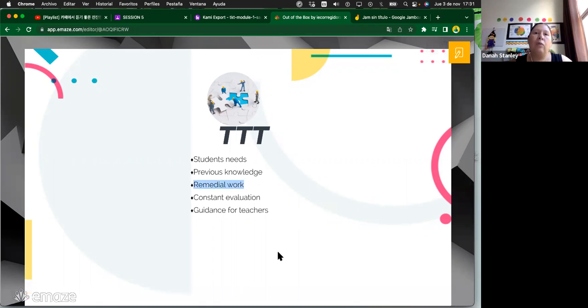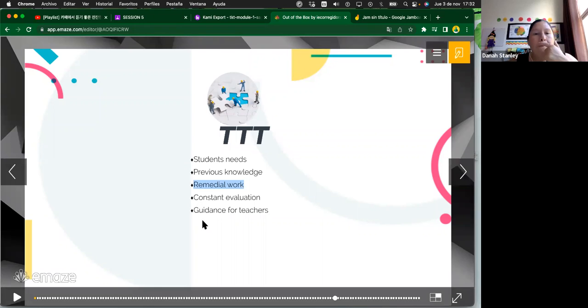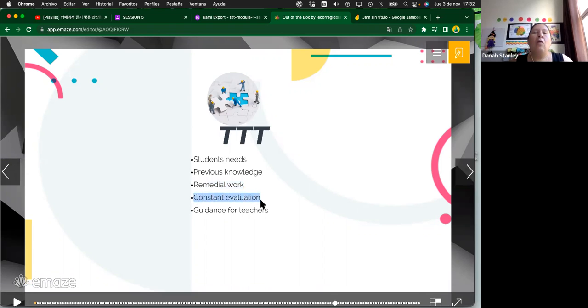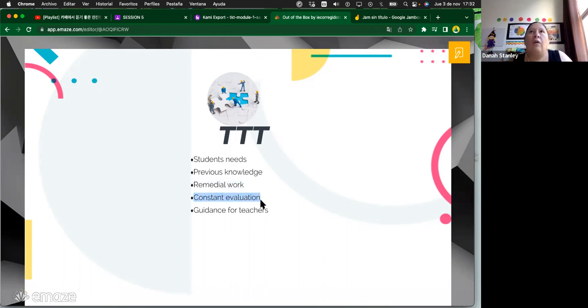The remedial work is when you present and you realize that it's not really well understood, so you re-present again, probably by using another method, different material, and a different context. Constant evaluation. Remember that evaluation is not only for getting the grades.